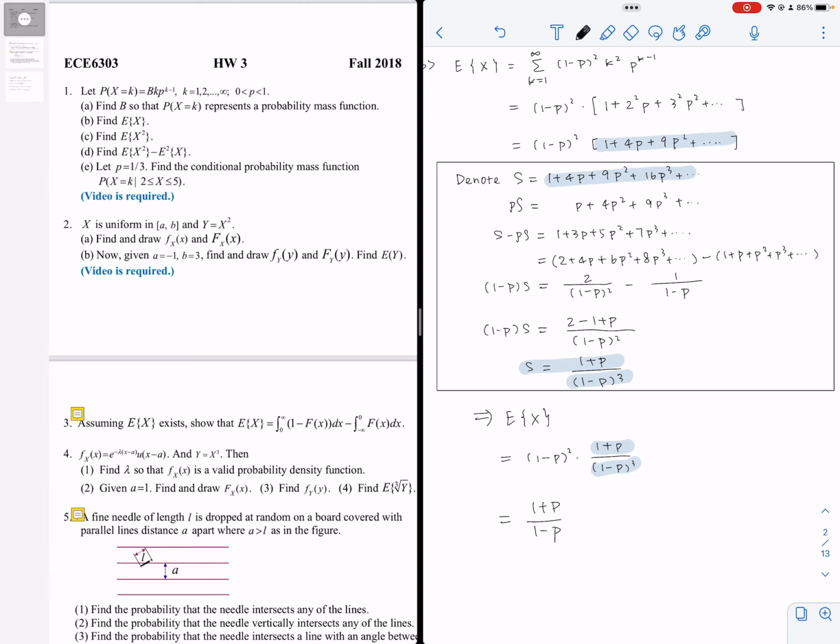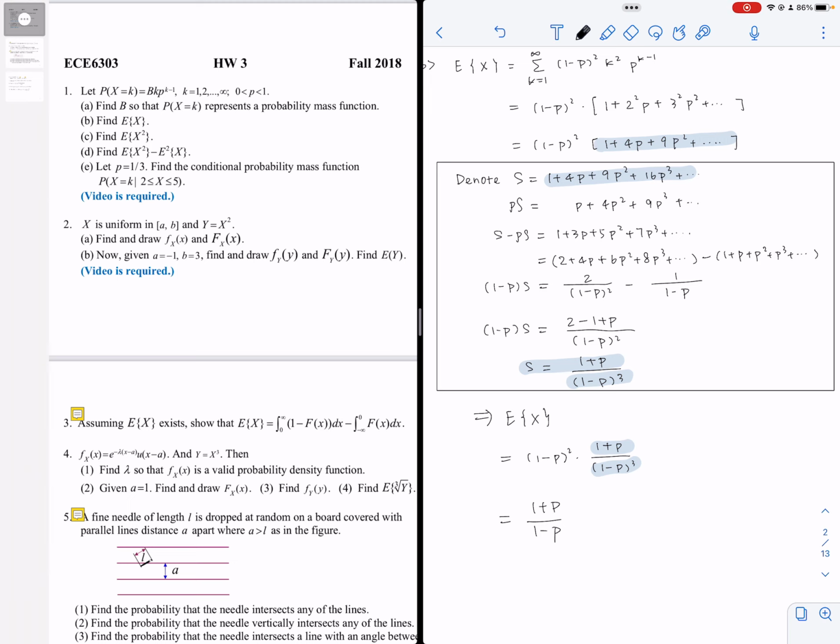And then what we can do here is multiply by p on both sides. We can denote this 1 plus 4p plus 9p squared as s, and then we'll just multiply by p on both sides and do a subtraction.